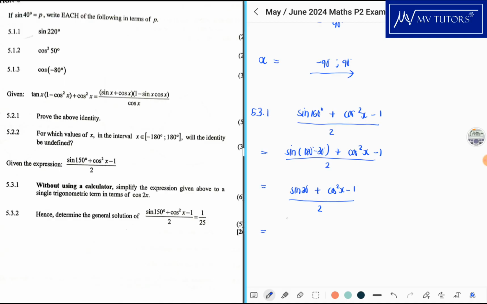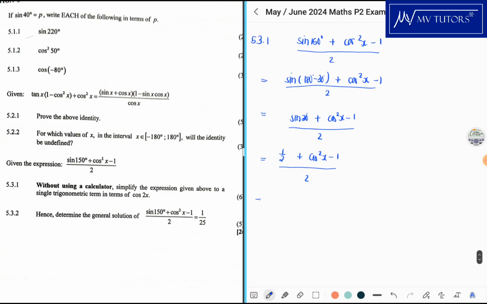Okay, so if I have a half there plus cos squared x minus 1, a half minus 1 is actually negative a half. But rather, let me do this. Because I want 2 cos squared x there somewhere, I'm going to take a half out as a common factor.